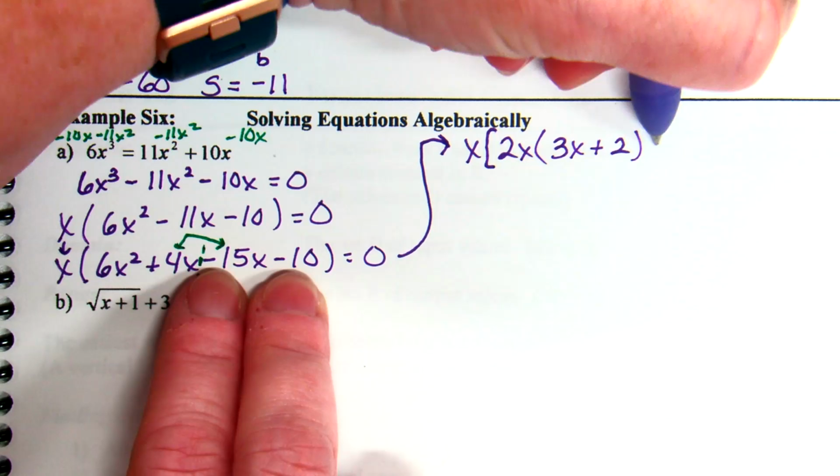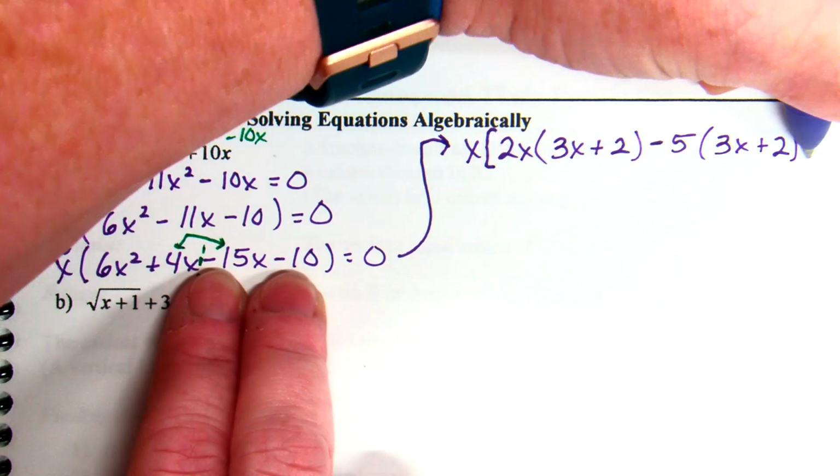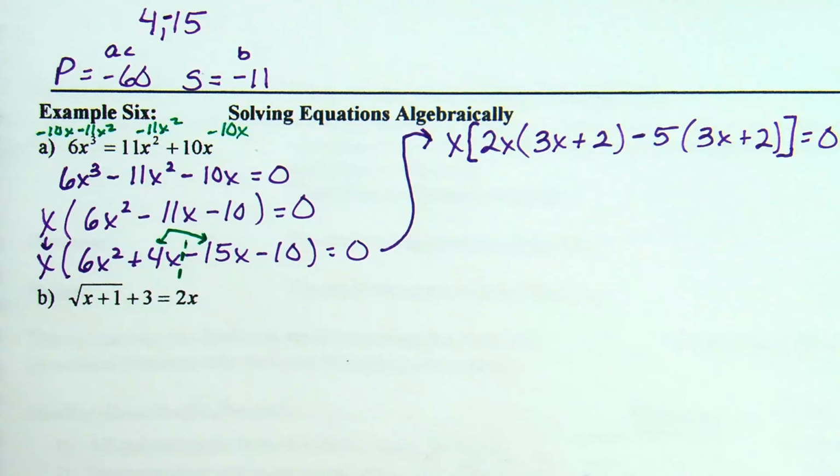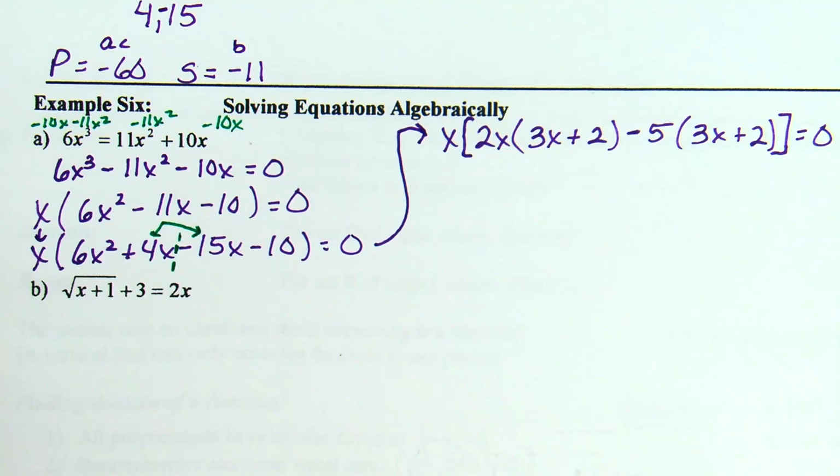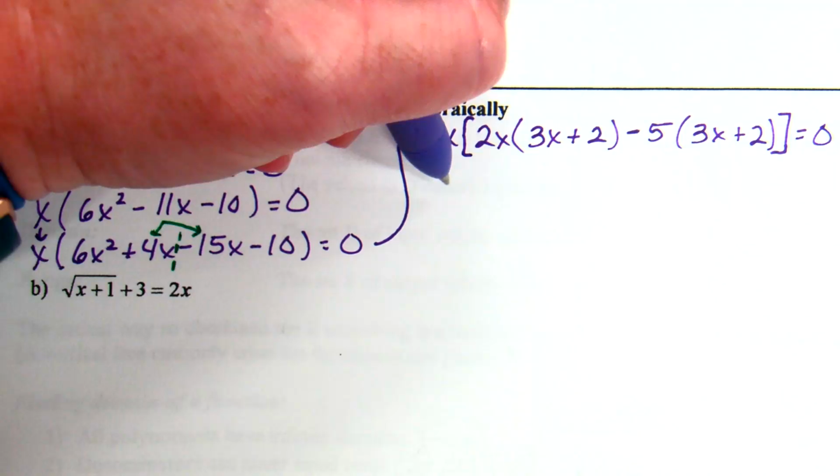What do they both divide by? 5, and since the first one's negative, we're going to say negative 5. Negative 15x divided by negative 5 is positive 3x. Negative 10 divided by negative 5 is plus 2. In my parentheses, in my bracket, and my equation still equals 0. That x still stays out front.